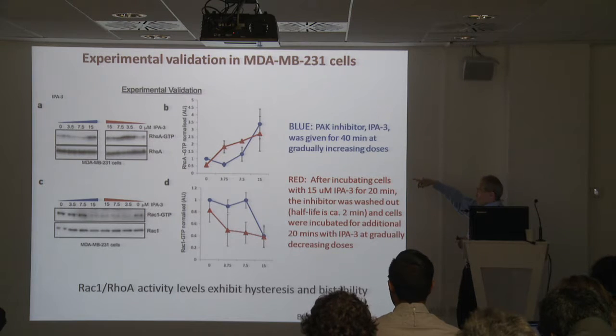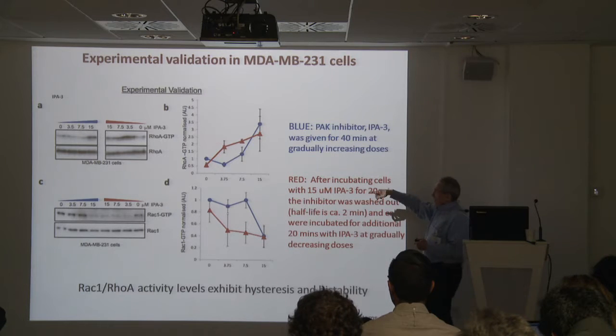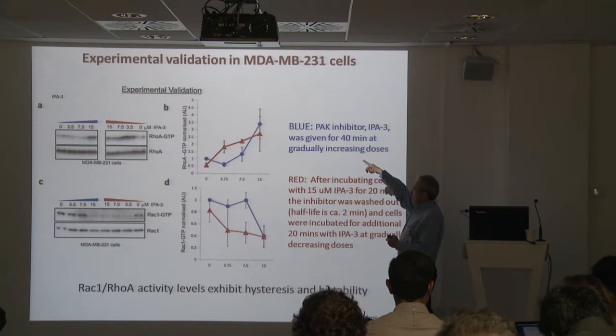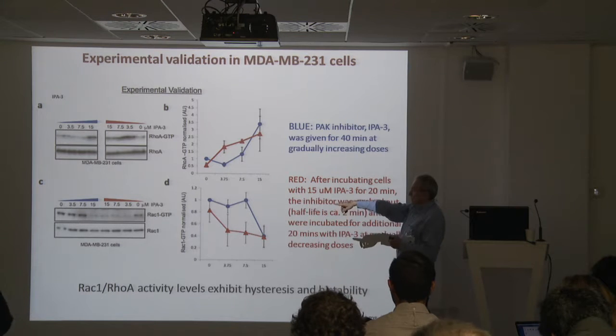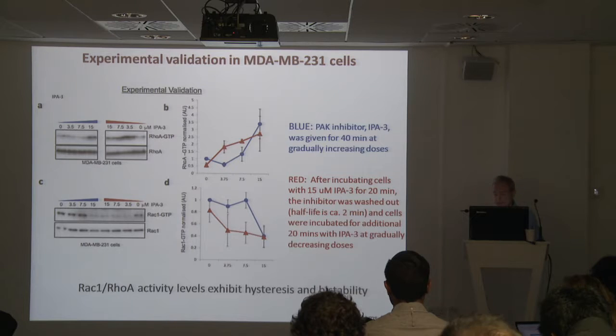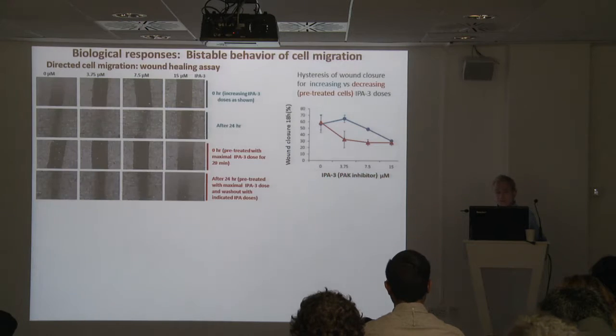And you see that RHO, in the upper panel, goes first up and then down, and RAC, which has the inhibitory relation, goes first down and then up. So we proved that there is bistability of the system. But what does this mean for cell physiology?